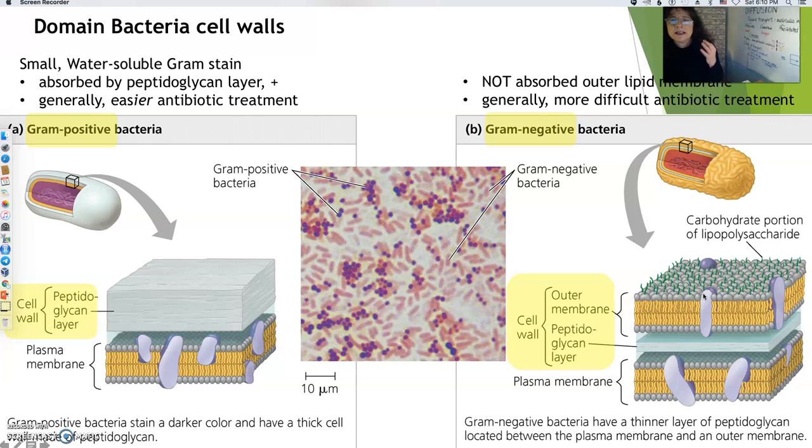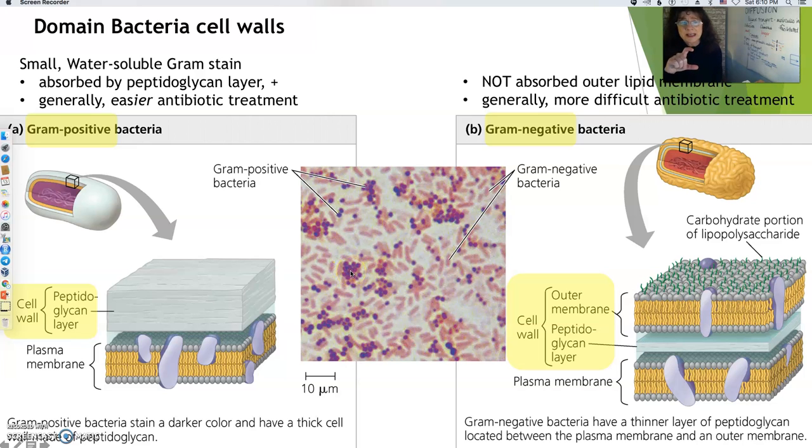It's a special, very small molecule, easy diffusion, and water soluble, that is absorbed by the peptidoglycan layer, because sugar is going to absorb water, so that this gram stain is taken in by this thick peptidoglycan layer, and in doing so, it shows the violet stain on here.